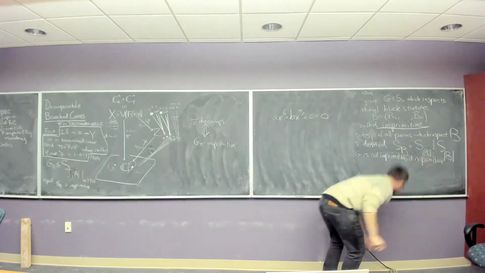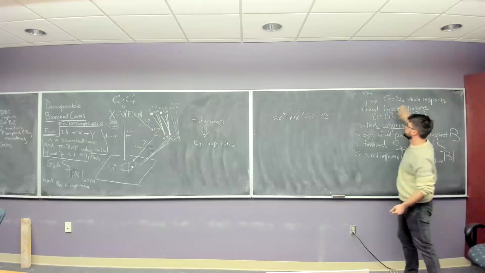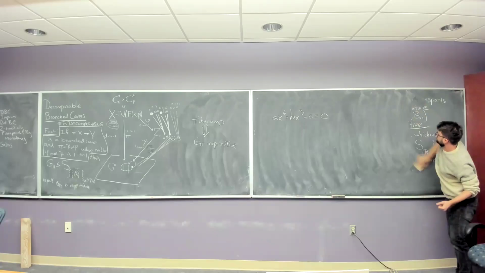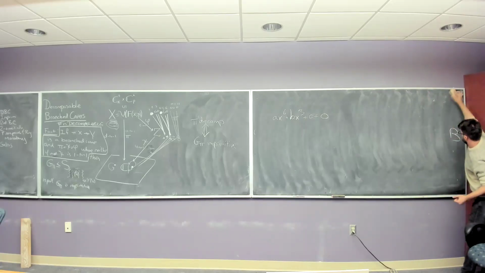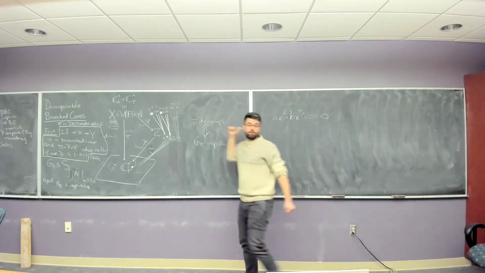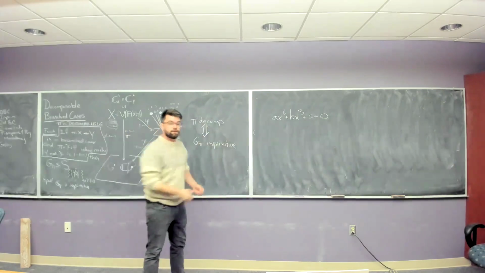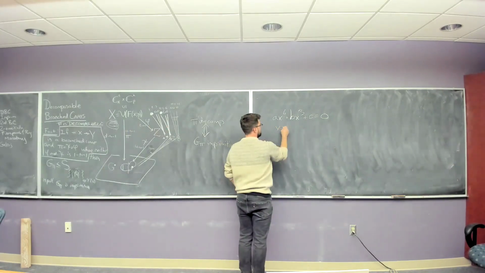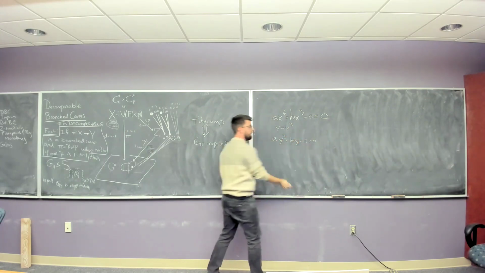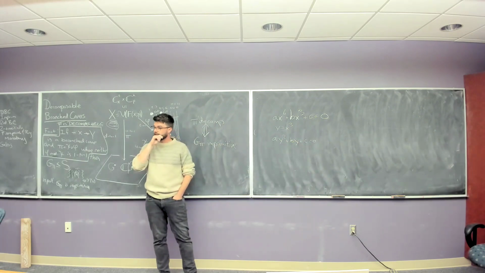There you go. So what's going on here? All of you know how to solve this by hand. You do the monomial change of coordinates, and then you solve the quadratic.